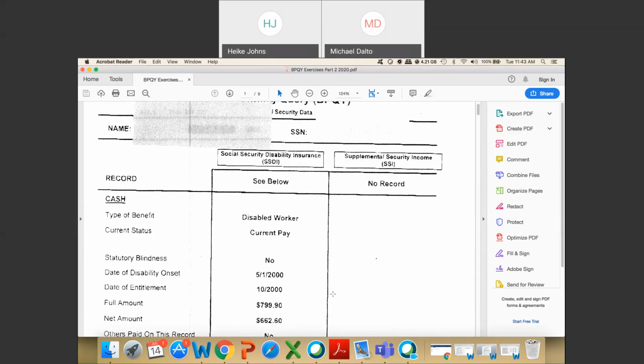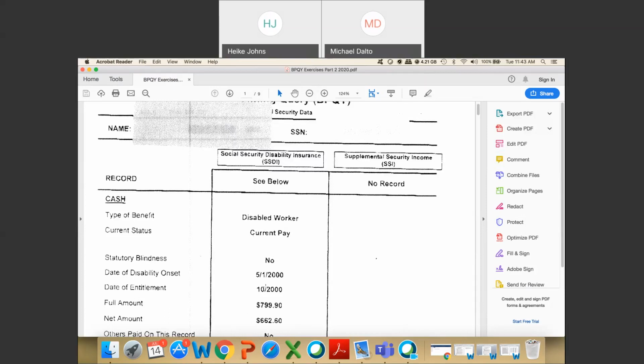Page 1 of the BPQY, verify that the person gets SSDI, CDB, or DWB. Well, we see this person gets disabled worker under the SSDI column, which is SSDI. And it asks us, number 2, to find the date of entitlement for that benefit.